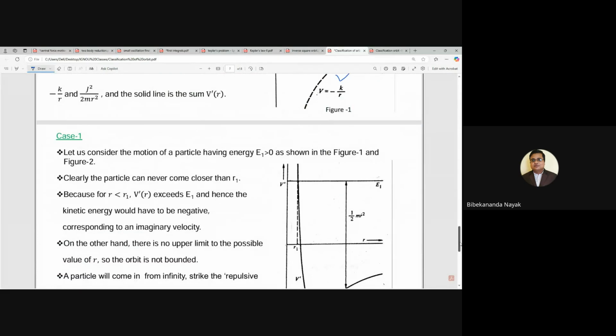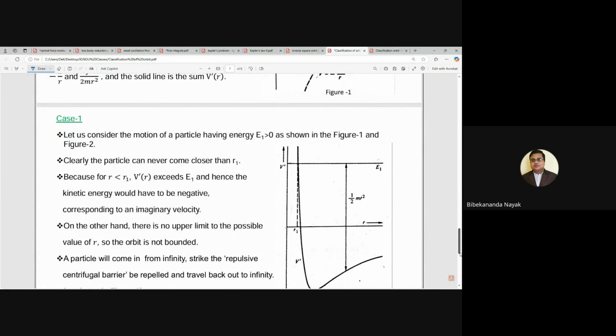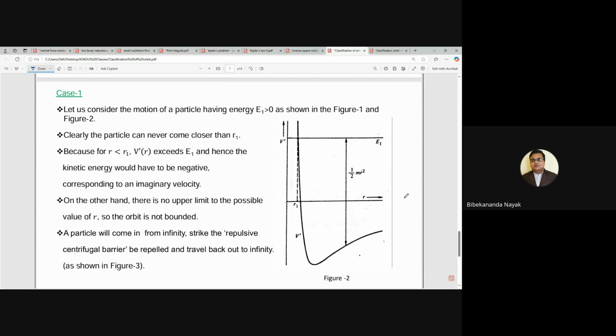So for case 1, E1 greater than 0. This is positive, but it cannot go beyond this region. If this is R1, then R less than R1 is not possible. Potential energy becomes greater than E1, the total energy.